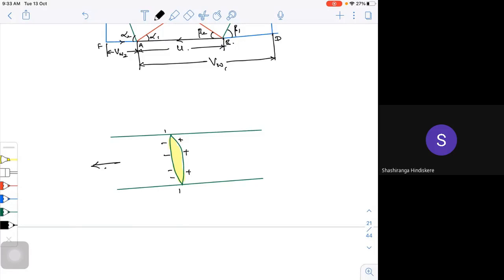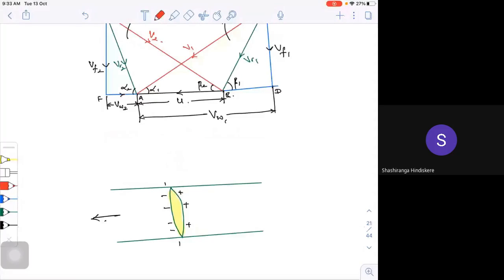So I'm going to draw the triangle, the same triangle that I showed here. I have the inlet, that is your V1, in this direction. So this will be my V1. Then I have your relative velocity. The relative velocity will be somewhere like this.